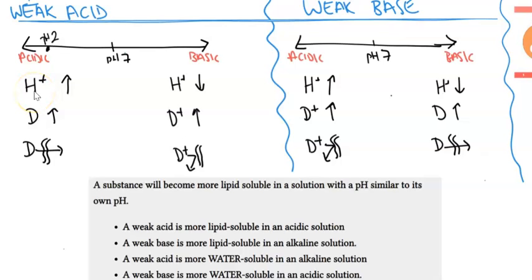When there are lots of hydrogen ions and you have a weak acid drug, you're going to have lots of non-ionized drug in that area. Notice that there's no charge.